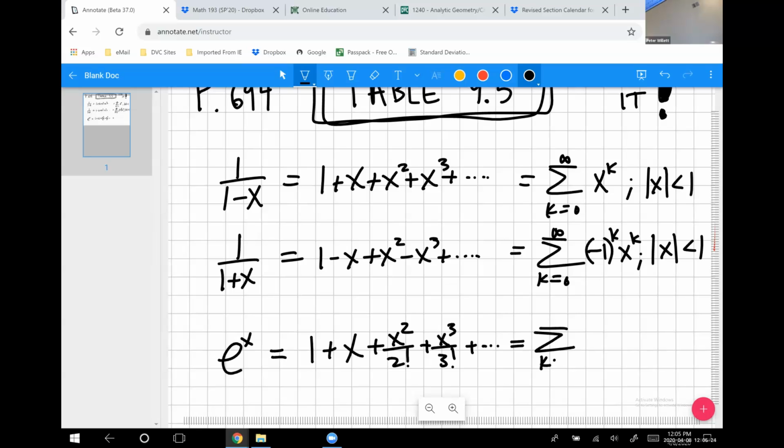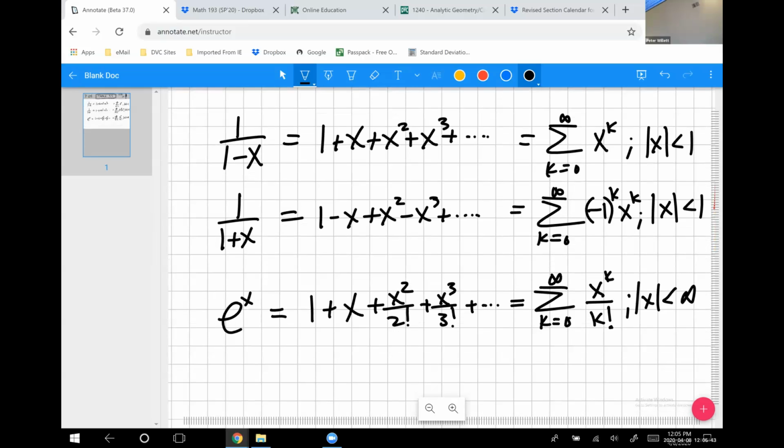And that's the summation from 0 to infinity of x to the k divided by k factorial. And we already saw with this that it converges for anything. So this is the absolute value of x basically just being less than infinity. So this is a polynomial for e to the x.